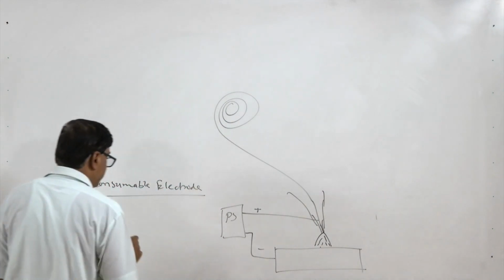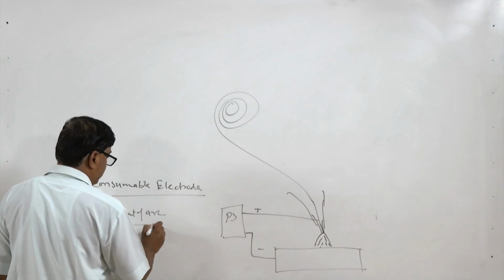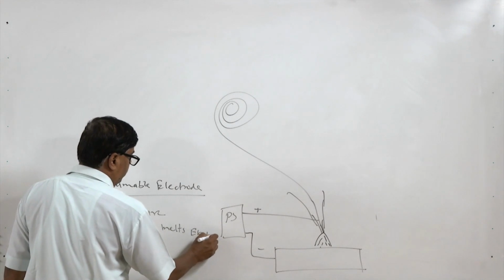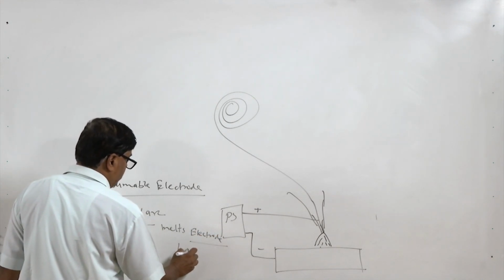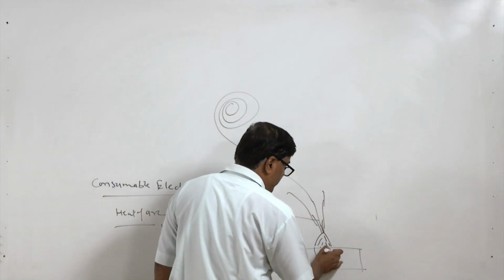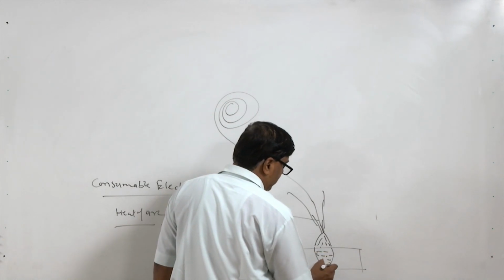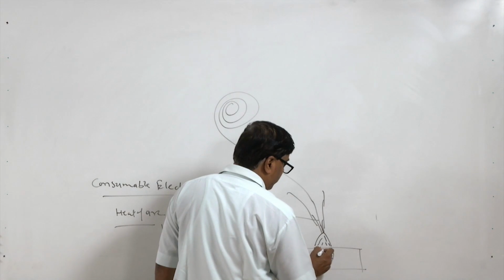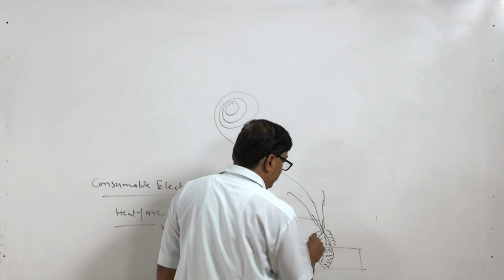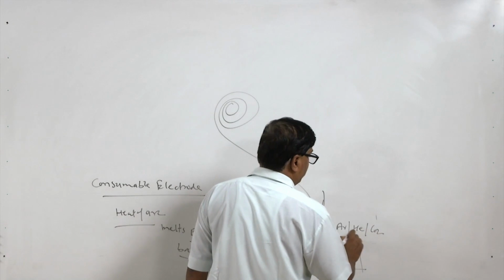So the heat of the arc melts both the electrode as well as the base. The combination of both these will result in filling of the groove much faster, while providing the protection with the help of suitable shielding gases like argon, helium or carbon dioxide.